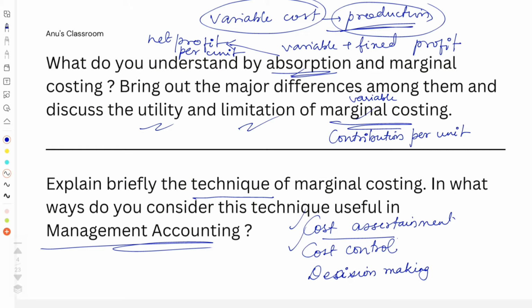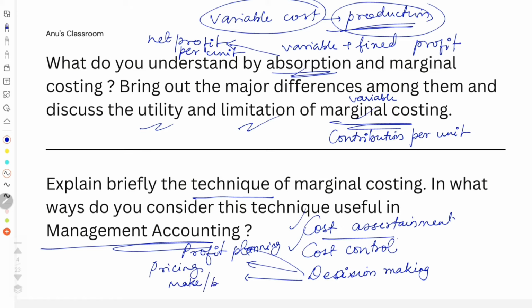Some of the decision making problems that we can solve by marginal costing are, first, profit planning, which can be made better. Then pricing of products. Then make or buy decisions, that is, whether we should make our own raw materials or buy them from other suppliers.